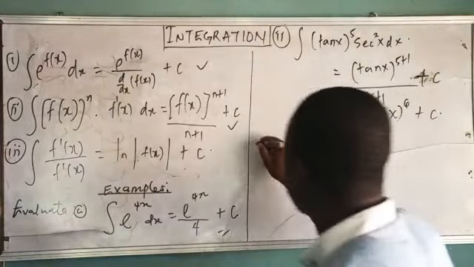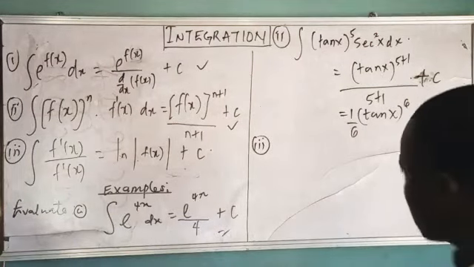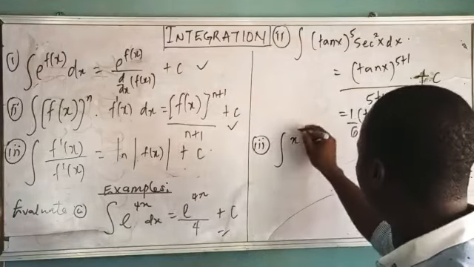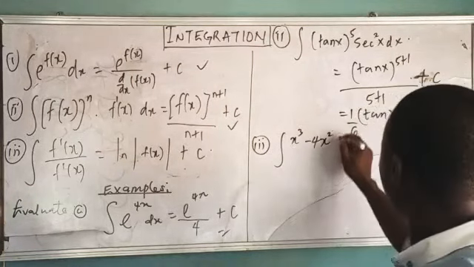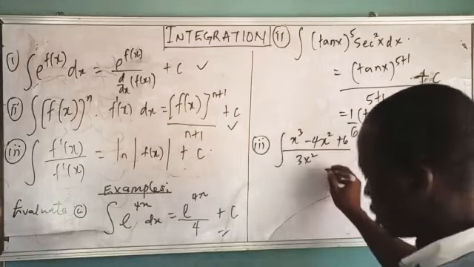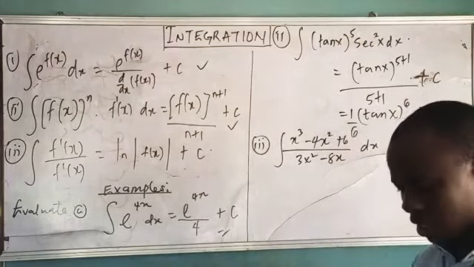Now the third one. Let's say you are given this particular problem to solve. To integrate, you have s cubed minus 4s squared plus 6 over 3s squared minus 8s dx. Are you getting it now?